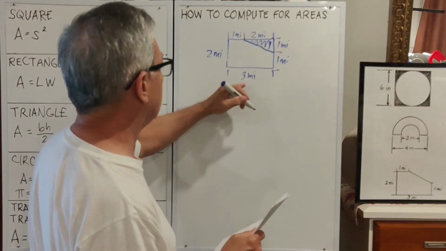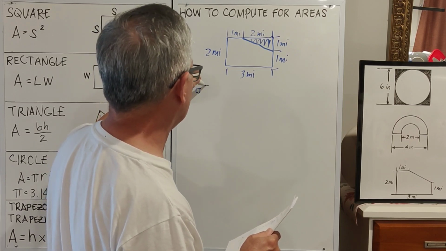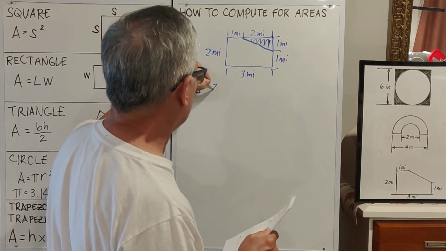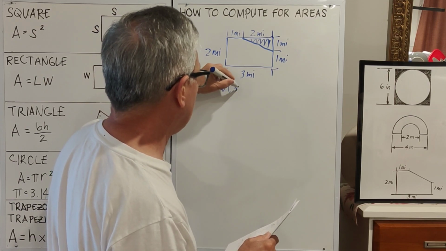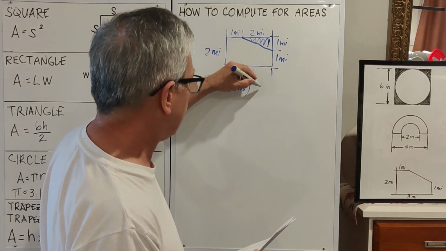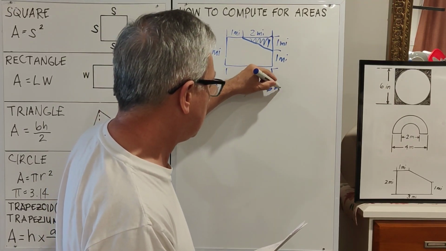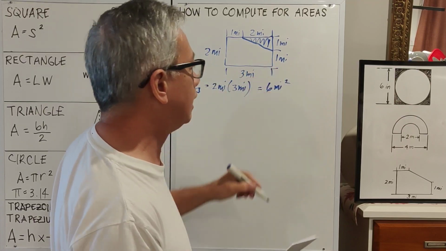The area of the rectangle is 2 miles times 3 miles. And so we have 2 times 3 is 6. Miles times miles is miles squared.